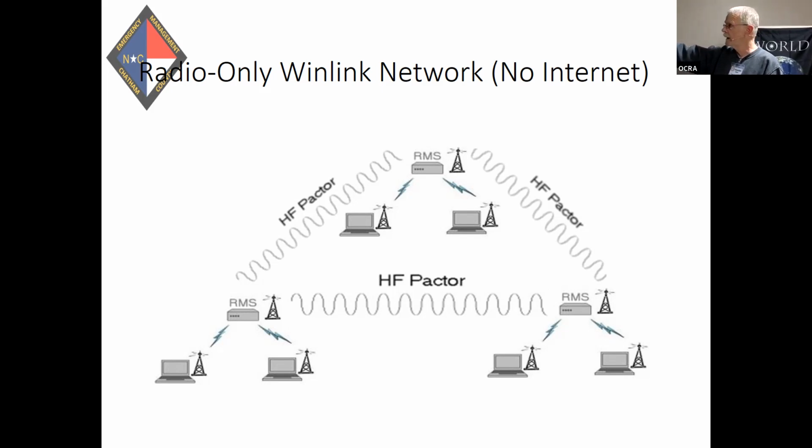It won't be connected to the internet, and it will leave a message. To do that, you need to identify, before this happens, what 3 RMSs you can connect to easily. And as you begin to use WinLink, you'll find that certain RMSs are easy to hit and some of them are impossible. And that could be band conditions, it can be your radio, it can be the direction of your antenna.